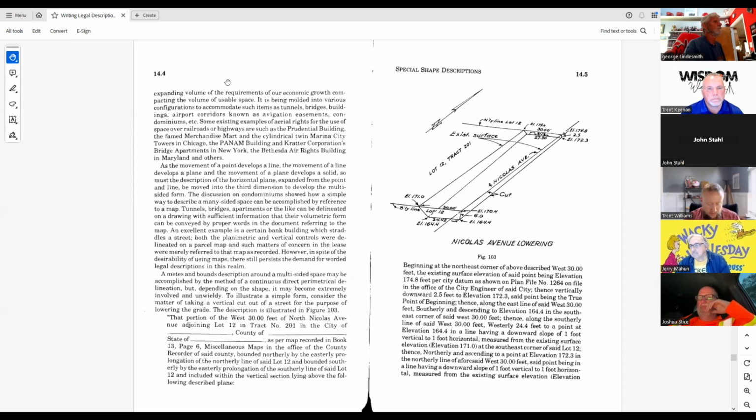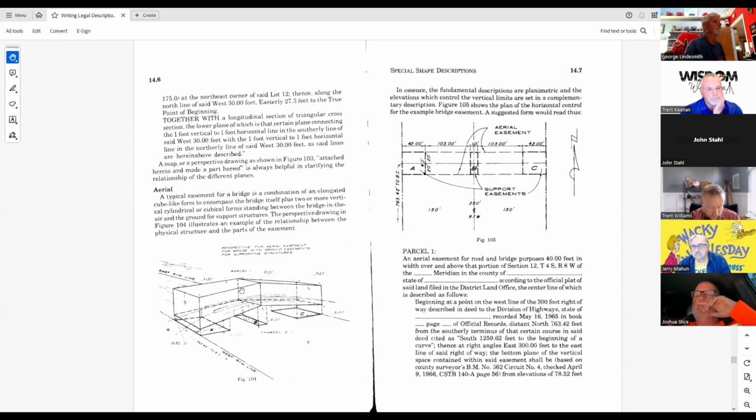We saw that, and they've got an example here, much like the Walgreens that Trent had. If you turn to 14.6, this is still kind of on the aerial easements, but you've got the space above and the space below. So what was natural ground could have been that upper area, and there's an easement or right down below, and what can you do below that to affect the other.